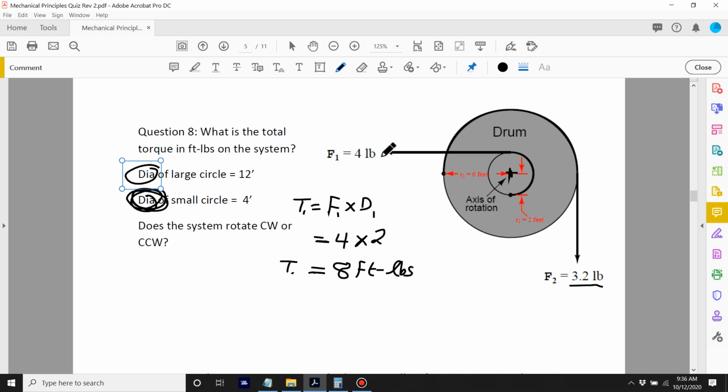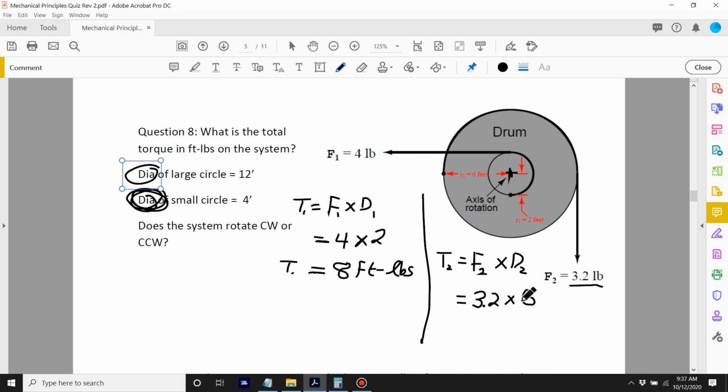Now, let's look at torque number 2. Torque 2 is equal to force 2 multiplied by D2. That's equal to 3.2 pounds multiplied by 6 feet.